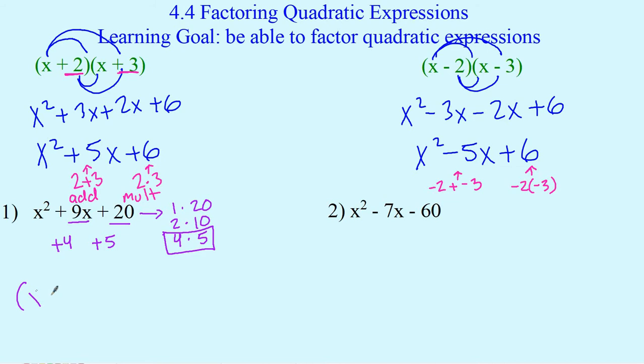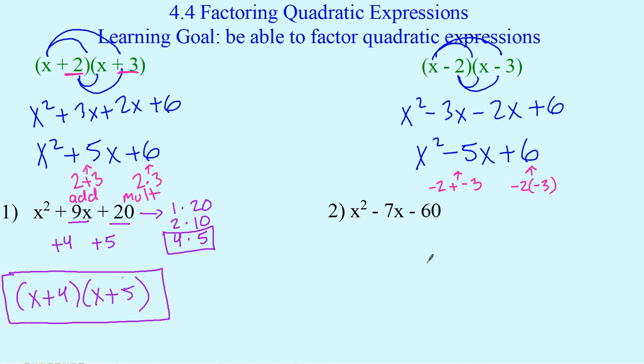So this is going to be x plus 4, x plus 5. We can always double check it by FOILing it back out. If you're ever unsure if your answer is right, just FOIL it out, and you should end up with that. So this is our final answer.